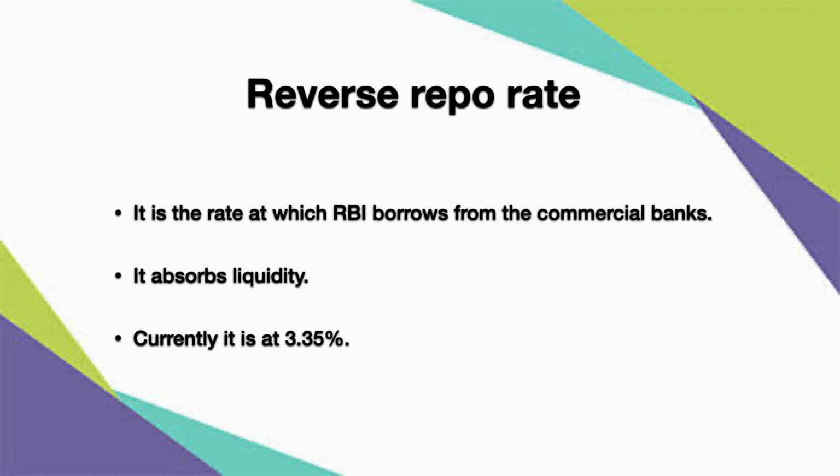That is RBI borrowing from the commercial banks. Now this happens when RBI wants to reduce the money flow or the inflation rate in the economy. Is that clear? Now in general, if we observe, RBI is the Central Bank of India. All the banks are dependent on RBI.